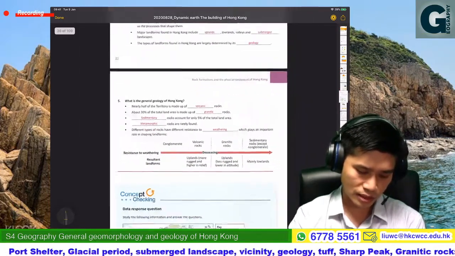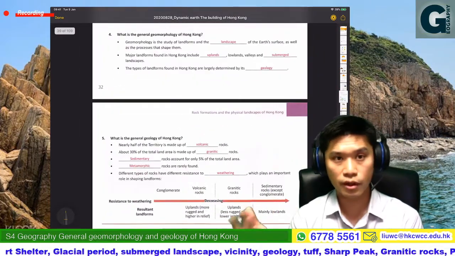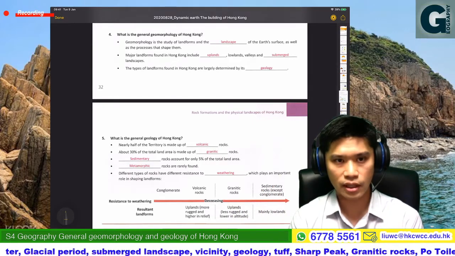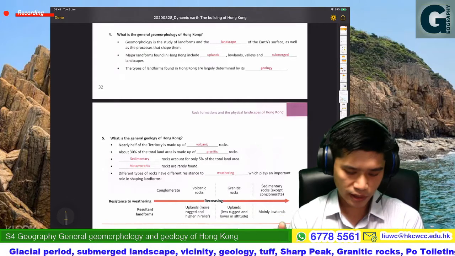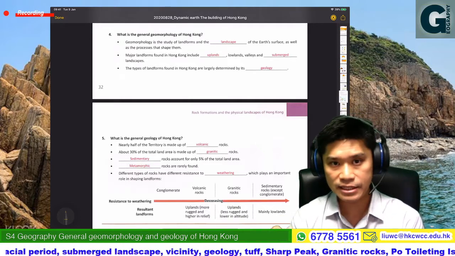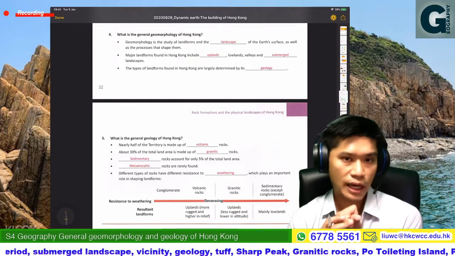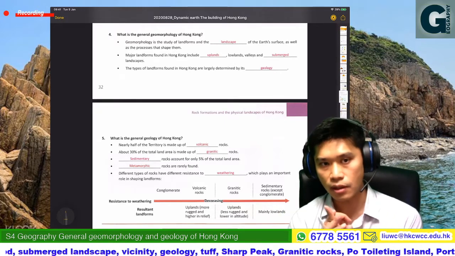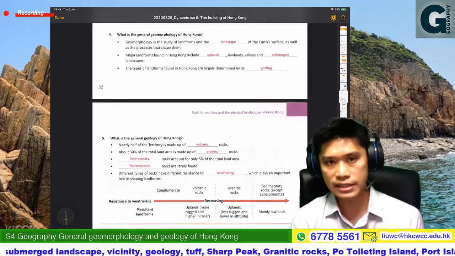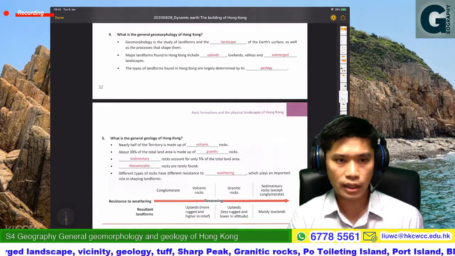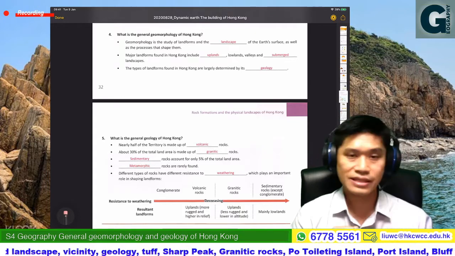And of course, the distribution of the geomorphology and also geology in Hong Kong. Okay, so therefore that would be about unit 2. So about the rock cycle, about the different rock types in Hong Kong, and also the landscape and the geology of Hong Kong. Okay, so therefore that is the end of this section.